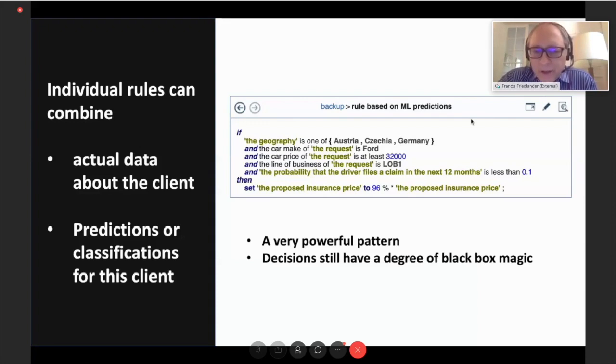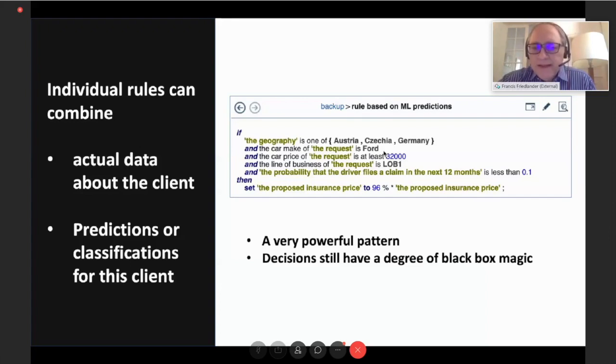Actually, if you look at the rule which is here, you can see that you are making the decision based not only on what you know about the client, the country, or what you know about the car, whether it's a Ford or a Fiat or whatever, the price of the car, the line of business, but also things that you are predicting thanks to machine learning.